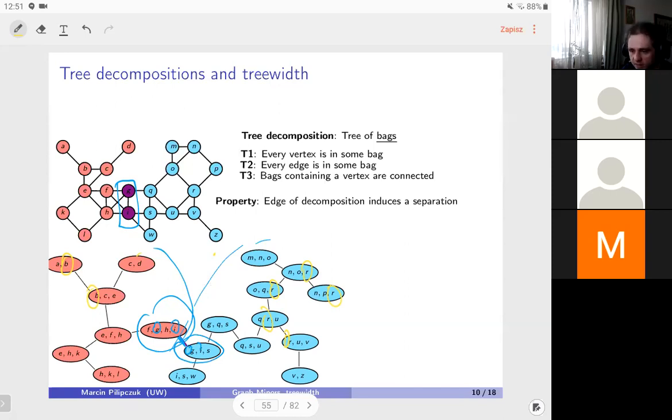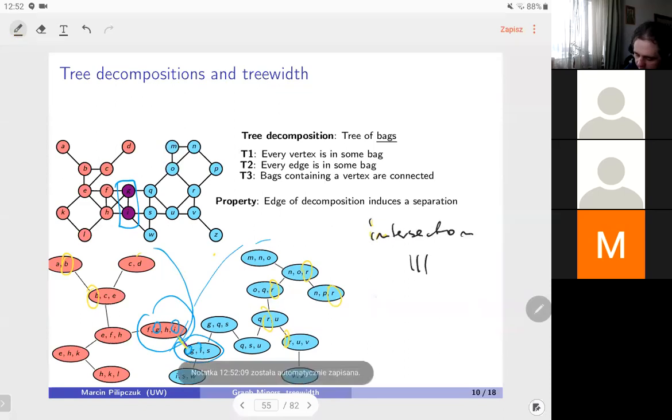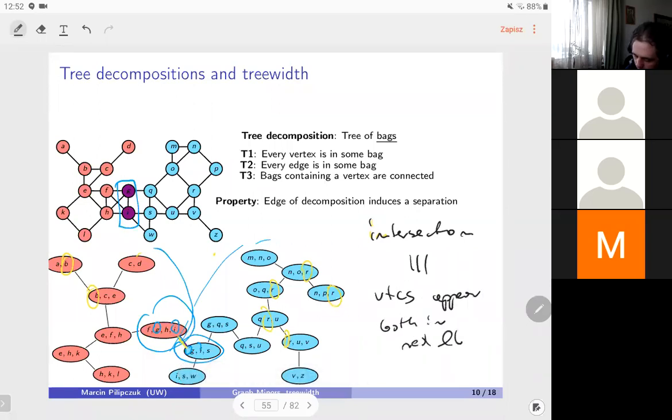That means that the intersection here, the vertices in the intersection of these bags, are exactly the vertices that appear both in red and in blue.